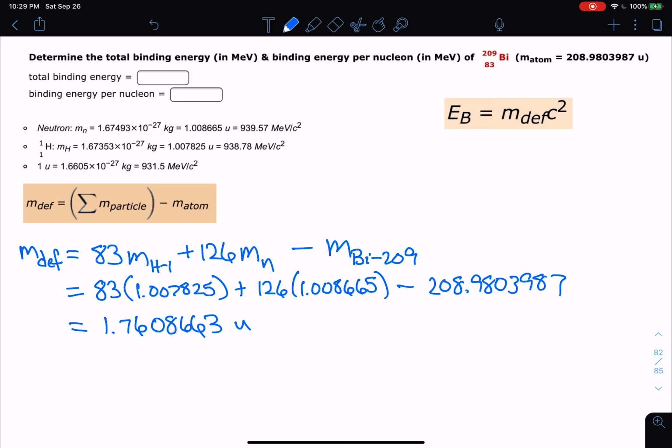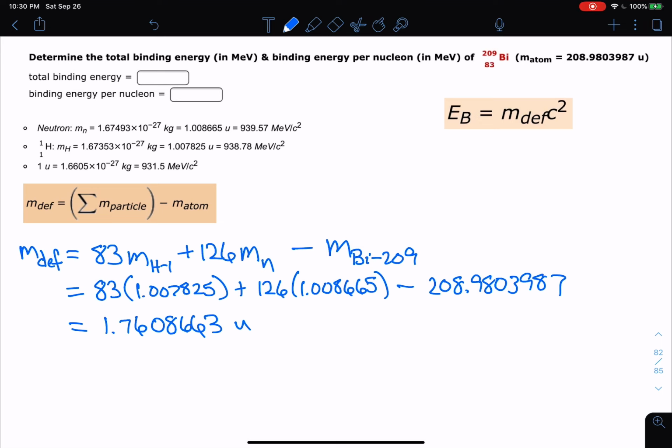So a small amount of matter has been converted. You can see it's less than 1% that has been turned into energy. Okay, so that's the mass defect. Now I need to find the binding energy.